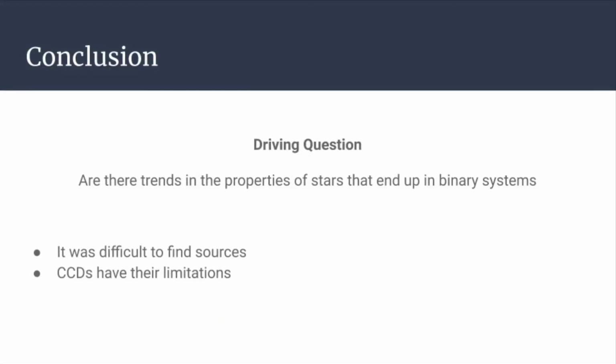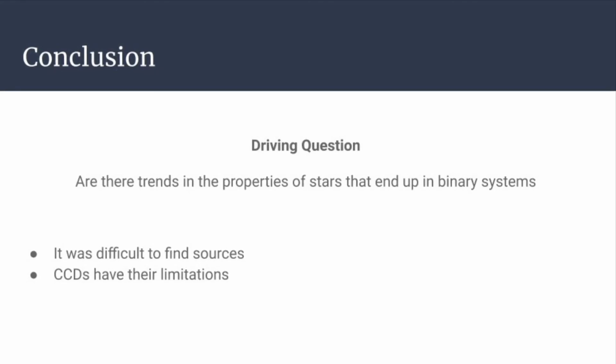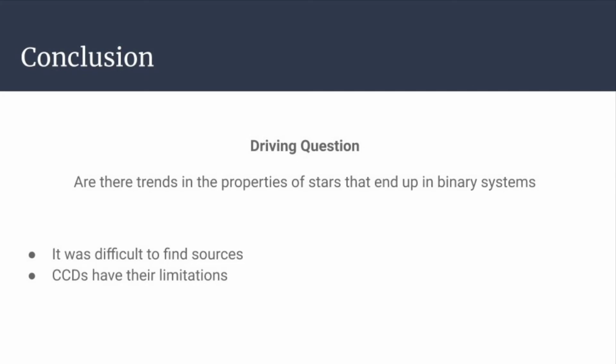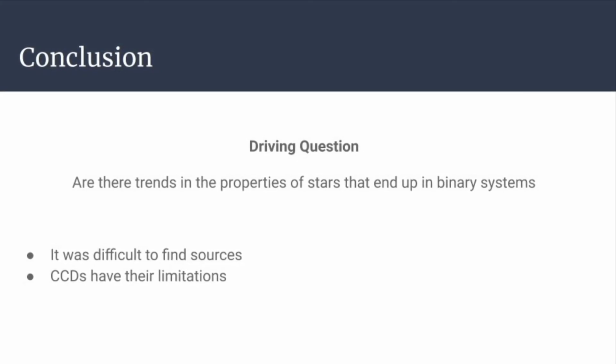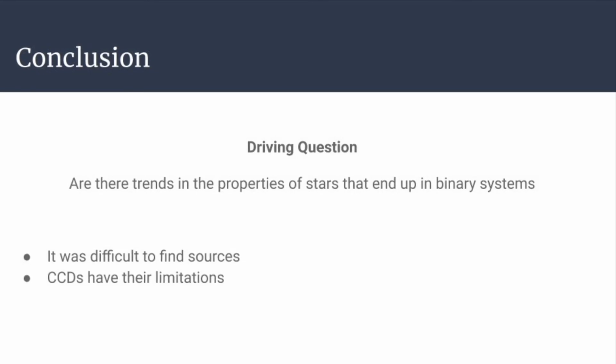When we started this project, we aimed to answer one question. Are there trends in the properties of stars that end up in binary systems? While binary systems are very common, it proved very difficult to collect accurate, relevant data, which made it difficult to find the number of sources we were hoping to analyze. Most objects that we found were not in the Sinbad database, which was our primary means of finding the B and V magnitudes and the parallax angles.